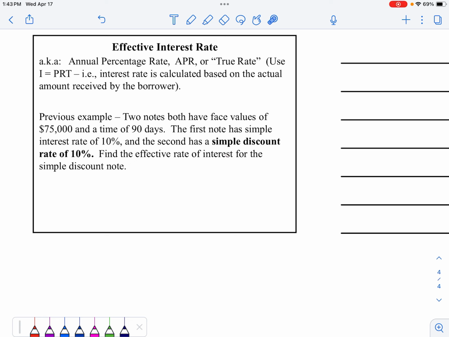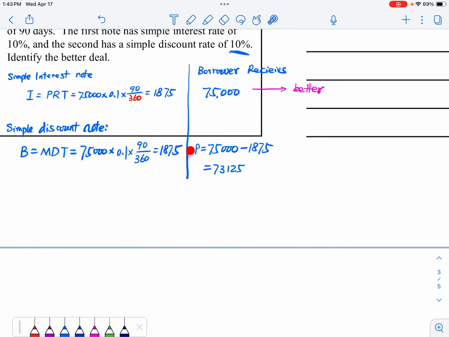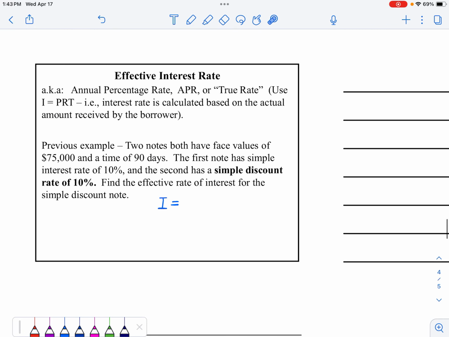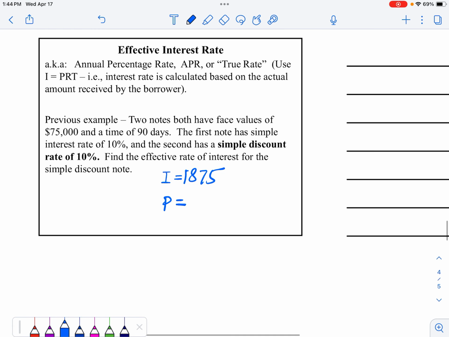Again, if you recall from the last problem, the interest you have to pay back, deducted by the bank, is 1875. So interest is 1875, and the proceeds received is this much, that's how much you get, 73,125.